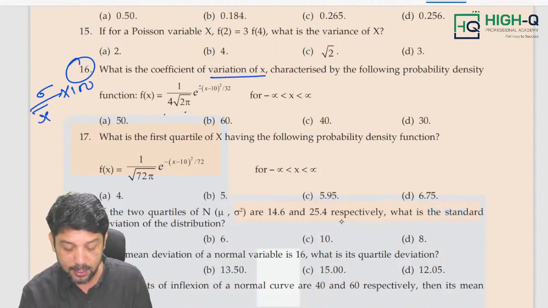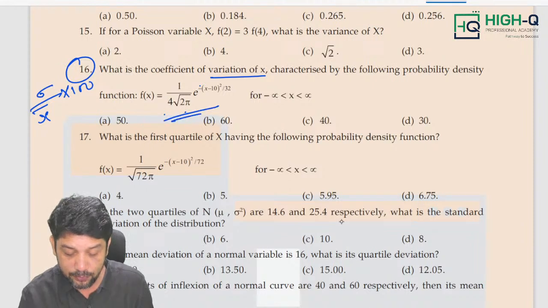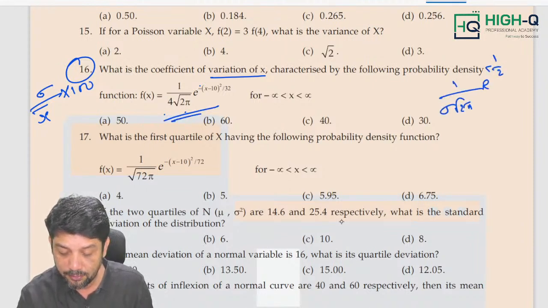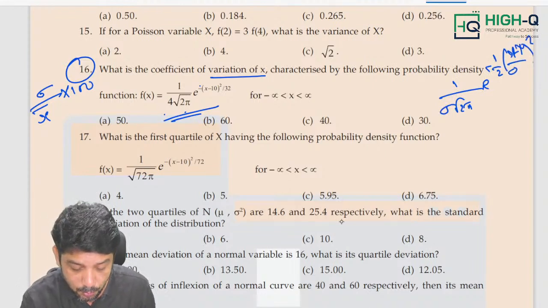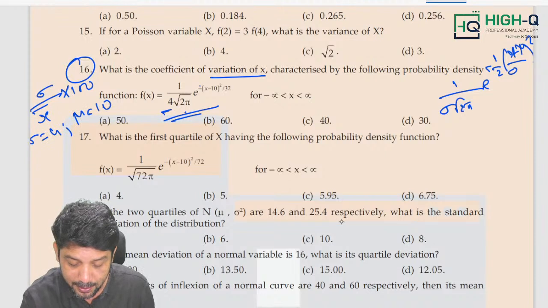Now look at this. We need to compare with our original formula 1 by sigma root 2 pi e power minus half into ((x minus mu) divided by sigma) the whole square. So sigma is equal to 4, mu is equal to 10. Direct comparison, answer is over.